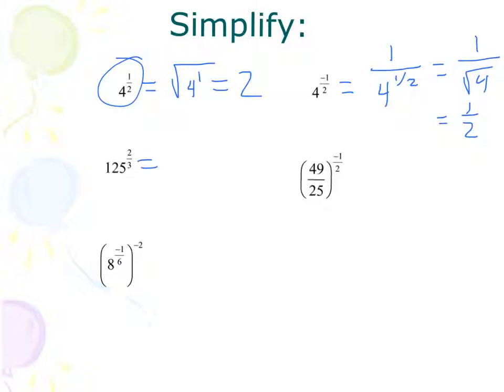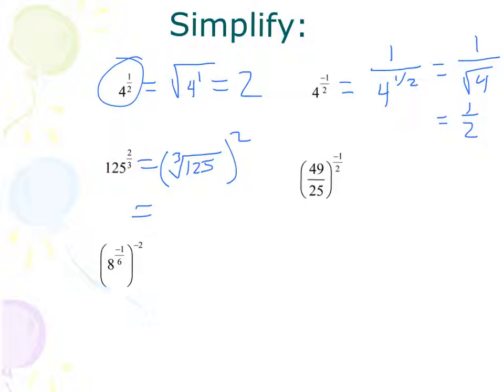125 to the 2/3 power. So the power is 2. The root is 3. So what I'm going to do here, and this is where it just takes practice. I can tell from looking at this, because 125 is a big number, there's two different operations I could do. Take the third root or square it. 125 squared is going to be a really big number, bigger than I want to work with.